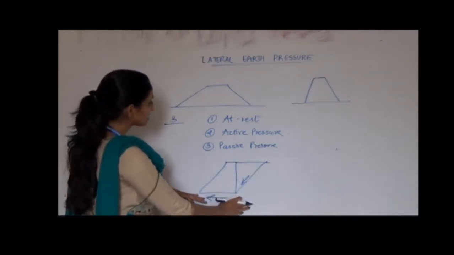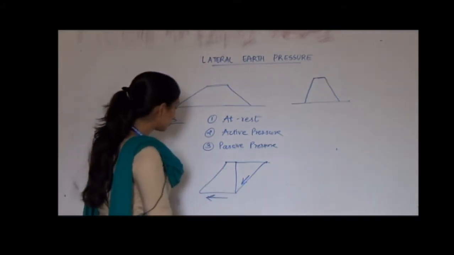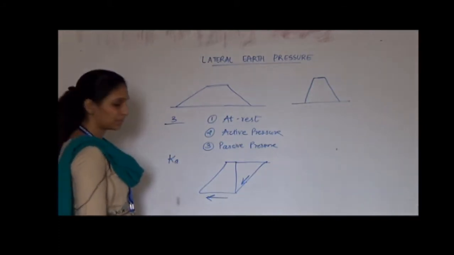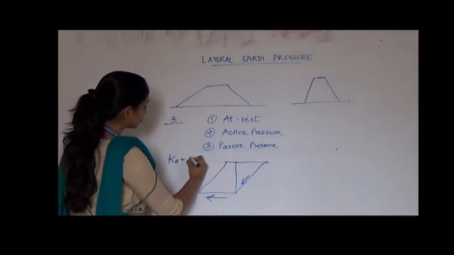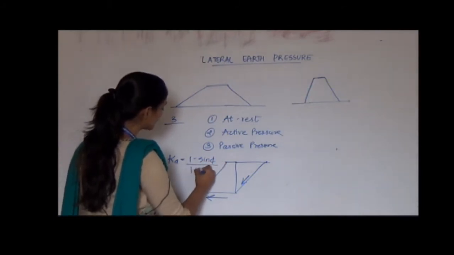In this case the pressure exerted is active earth pressure. The active earth pressure coefficient is denoted by Ka, where Ka is equal to (1 minus sin phi) divided by (1 plus sin phi).